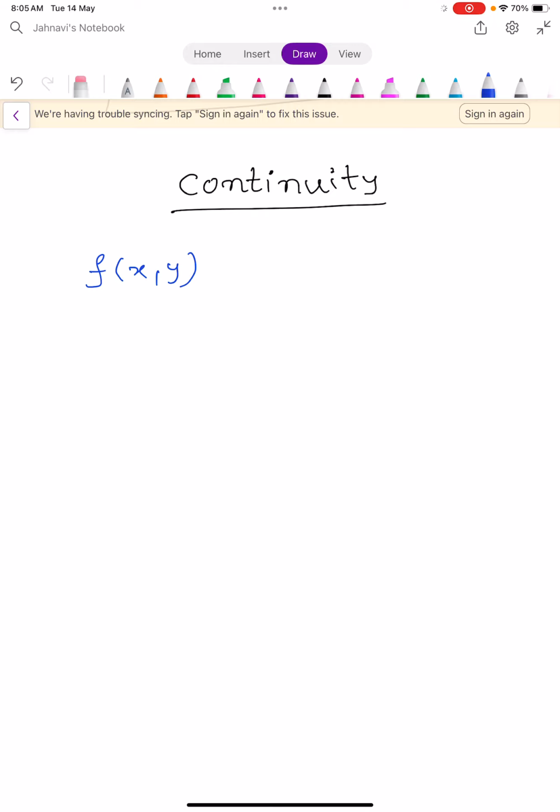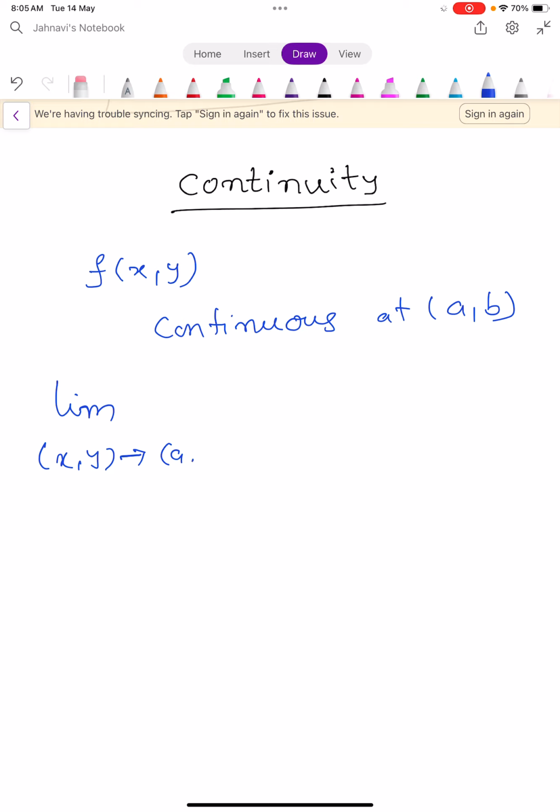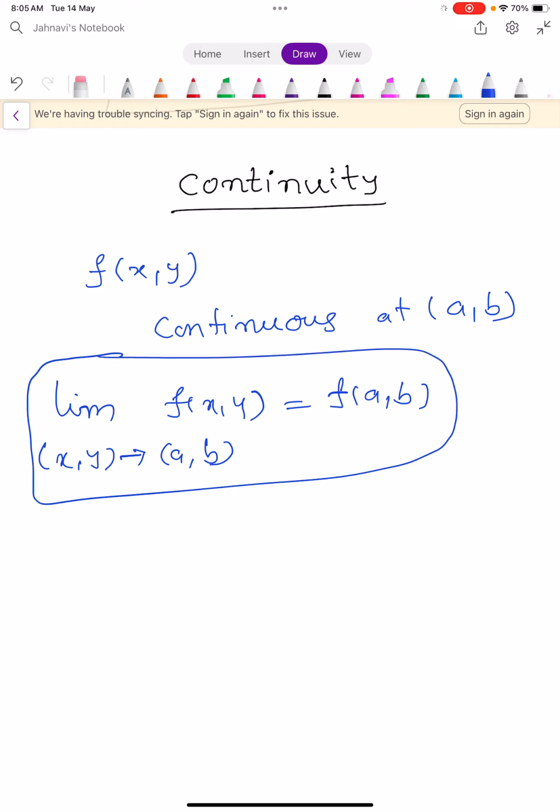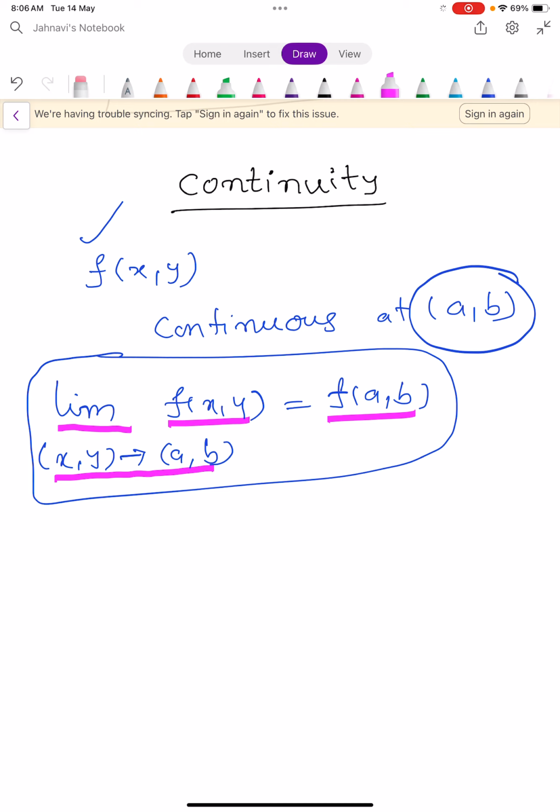This function f of x comma y is said to be continuous at any point a comma b of its domain of definition if it satisfies the condition limit x comma y tends to a comma b f of x comma y is equal to f of a comma b.